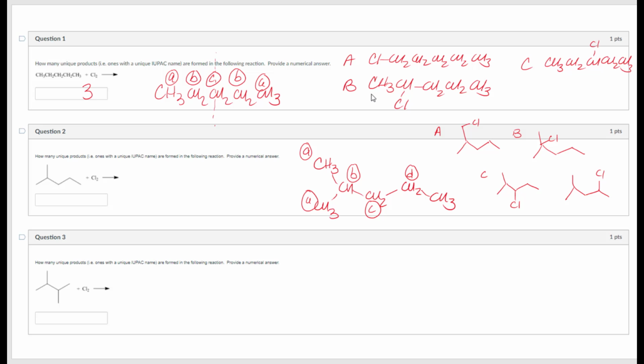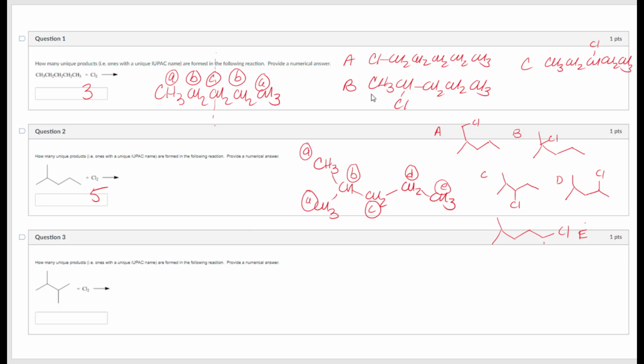It is, because in this case it's going to be 1,2-chloro-4-methylpentane versus 2-methyl-3-chloropentane, so that's a new product D. And then the CH3 on the end would give us our last product, which would be 1-chloro-2,3,4-methylpentane. So that would be product E. So in this case, we have a grand total of 5 unique products that would be formed in this reaction.